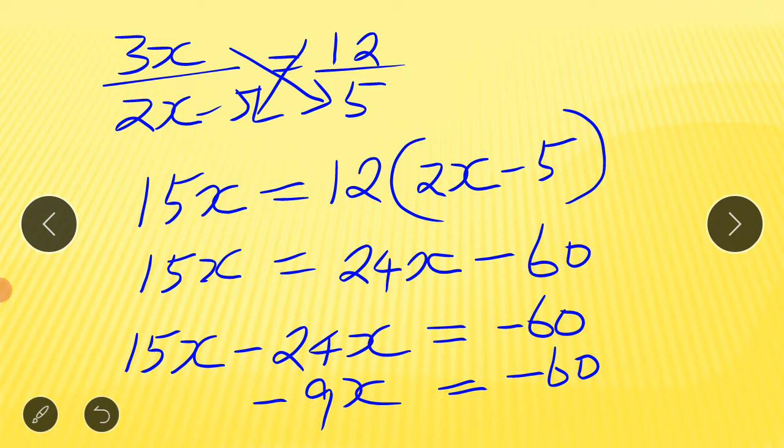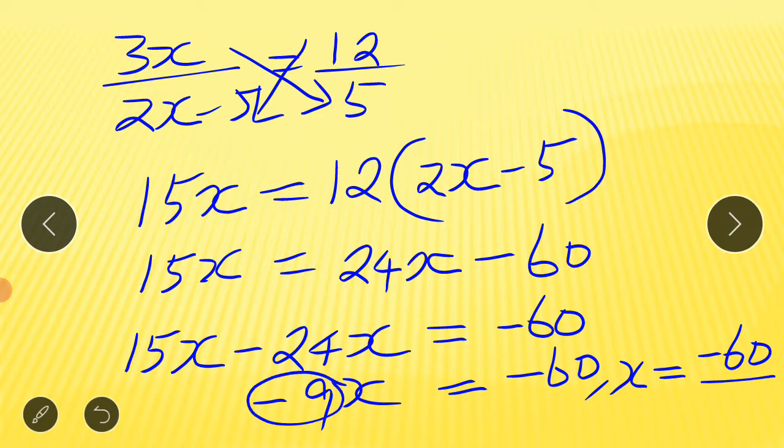So now here as usual the hiding operation is multiplication. So let's send this minus 9 to the right hand side. So we will get x equal to, no changes, minus 60 remains the same, and this minus 9, it is under multiplication along with x, and when you bring it here it becomes under division.